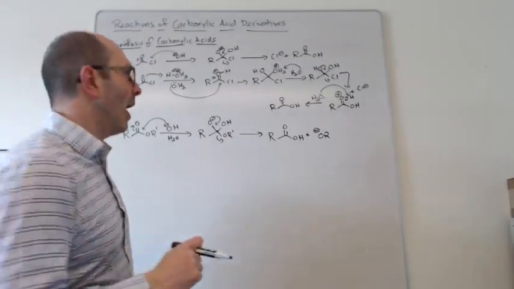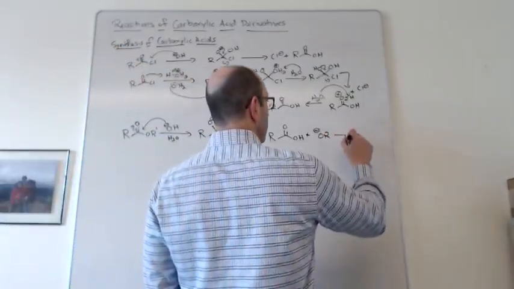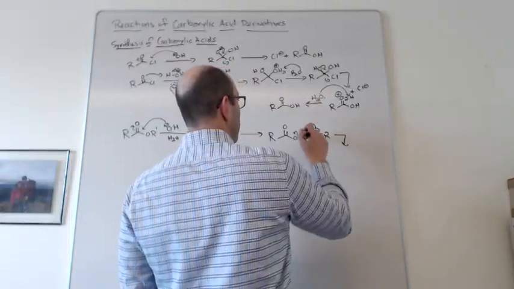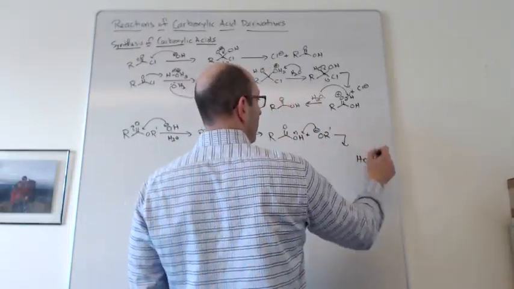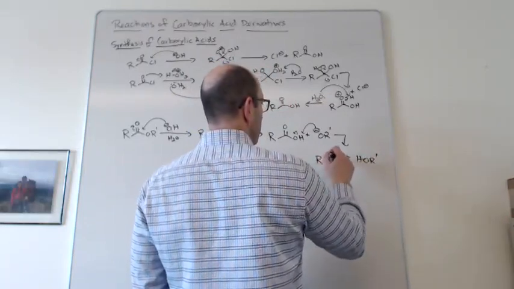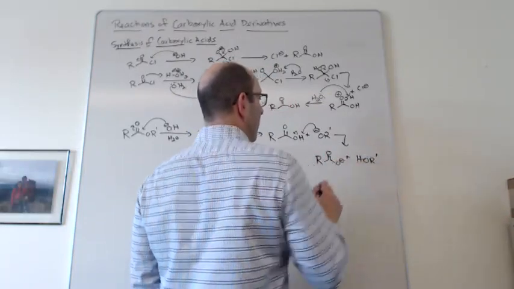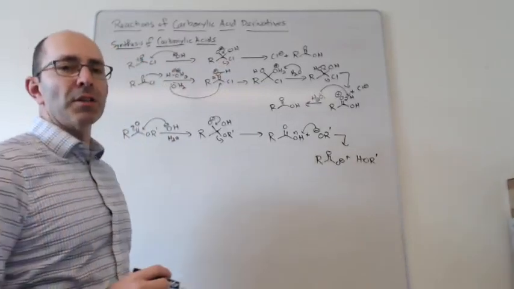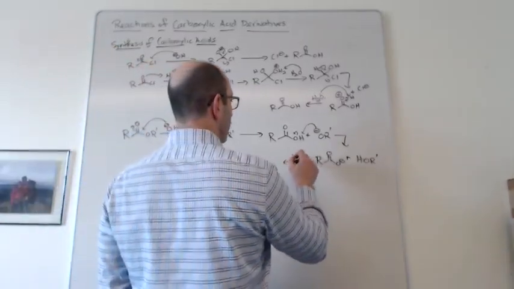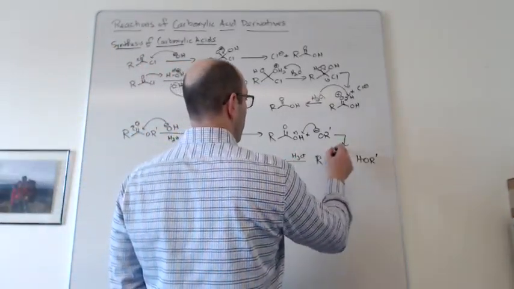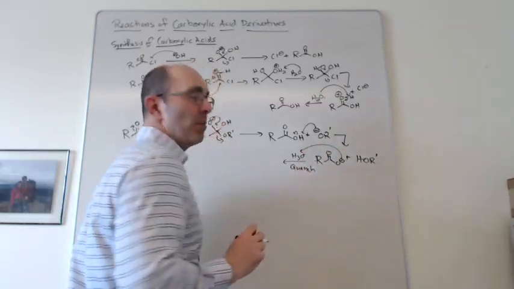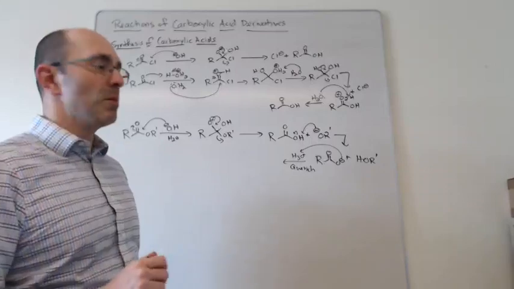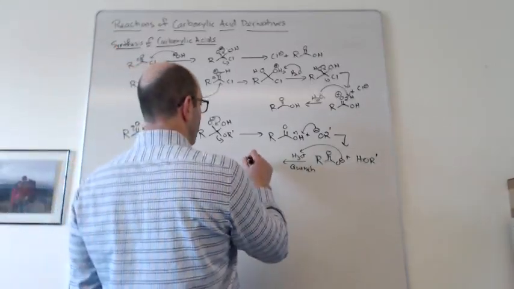And what will happen is that we'll end up deprotonating. So we'll get an alcohol plus a carboxylate anion. And then we're actually going to have to acid quench this to get to the carboxylic acid that we want, because in base, a carboxylic acid is going to be deprotonated because it's an acid.